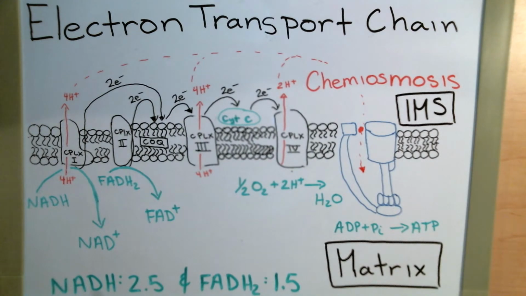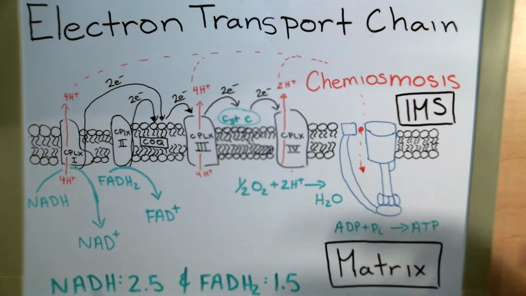So going back to the original equation, we produce 10 NADH molecules from glycolysis all the way to Krebs. And we've produced 2 FADH2 molecules from Krebs. So we have to do this for those 10 NADH molecules, for those 2 FADH2 molecules.